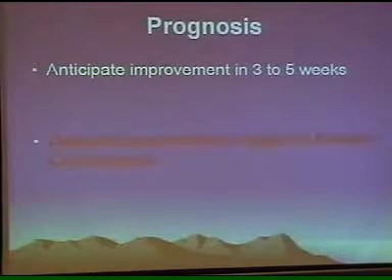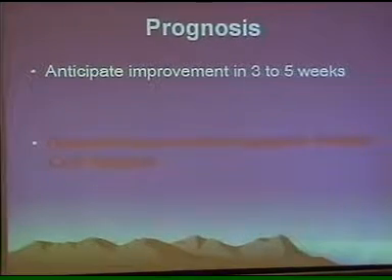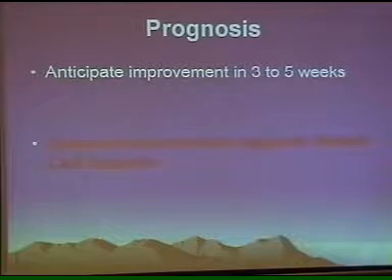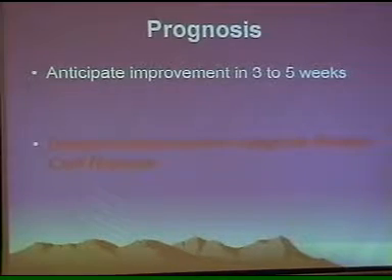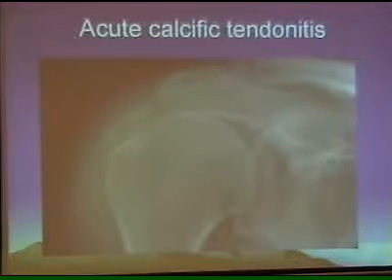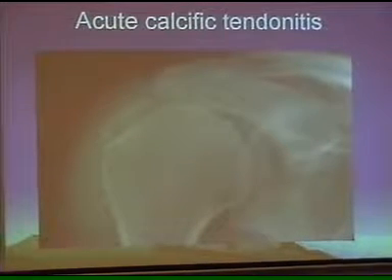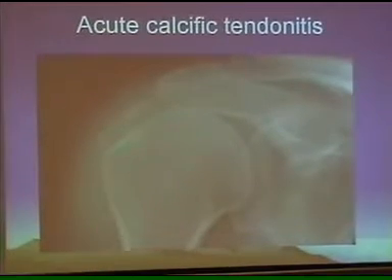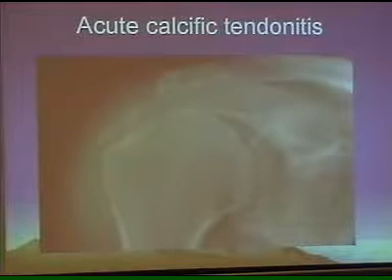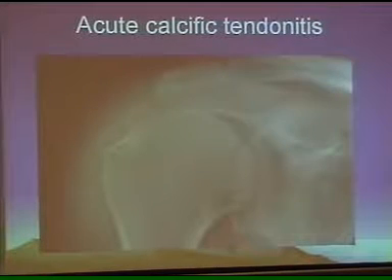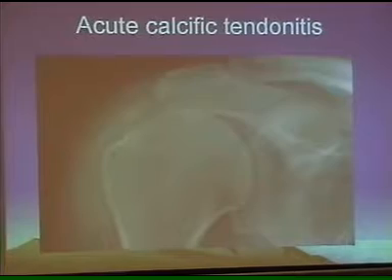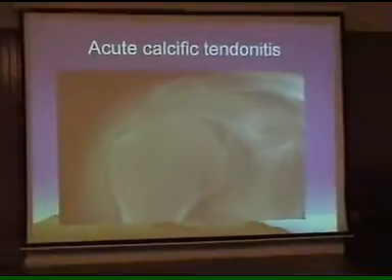Prognosis. I mean, if it's a tendinitis, you must anticipate the improvement with these measures in 3 to 5 weeks. But if it doesn't, then there is a chance that it may be a rupture. Next, please. This is again another very interesting condition, which is what is called acute calcific tendinitis. It's really a very painful condition, and we have been taught if you see this condition and the patient wakes you up even at 12 midnight, you must see the patient, you must relieve the pain because the pain is very, very bad.